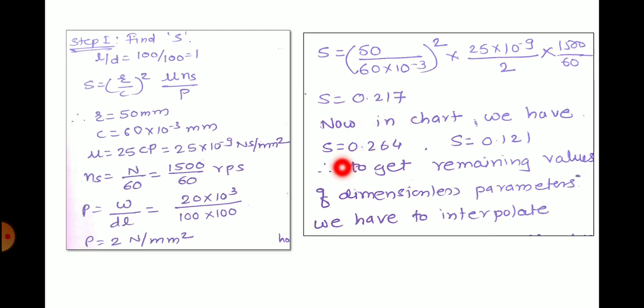Now if we see the chart, we are having Sommerfeld numbers 0.264 and 0.121, but we are getting the Sommerfeld number as 0.217.